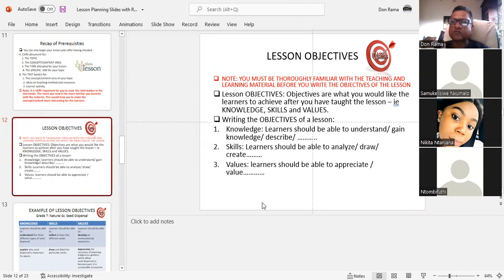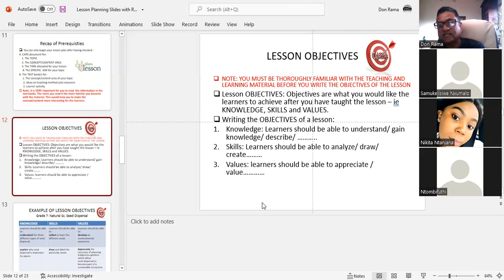The second part of the objective is skills. Here, we need to make them do something. When you think about the word skills, think about doing, right? Learners should be able to analyze. They should be able to draw something.